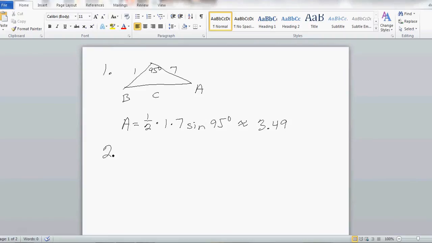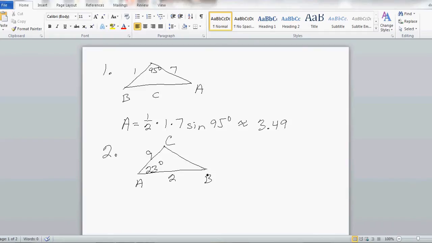Example number 2 is also a side angle side, and even though it's not given in a triangle, I'm going to fill it in. There's no need to change anything around, unlike the law of sines in the one situation. It says angle A is 23 degrees, little b is 9, and little c is 2.